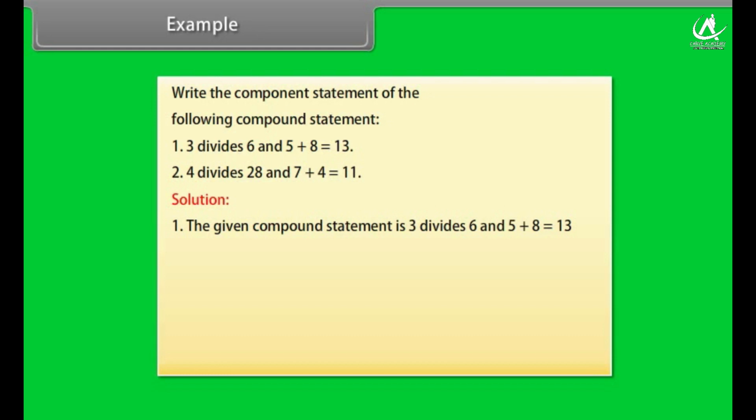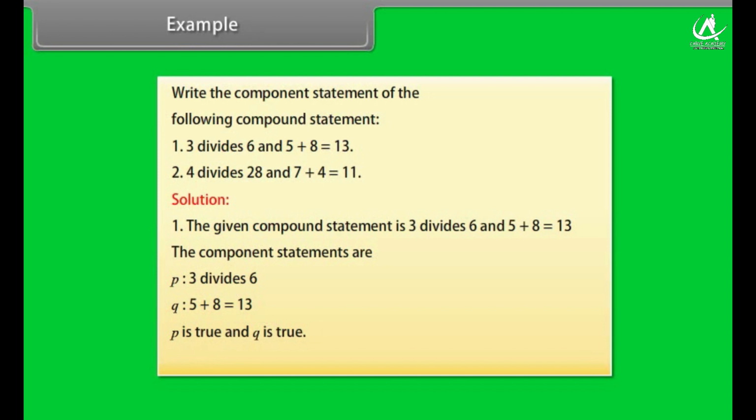The given compound statement is 3 divides 6 and 5 plus 8 is equal to 13. The component statements are P: 3 divides 6, Q: 5 plus 8 is equal to 13. P is true and Q is true. Hence, P and Q is true.